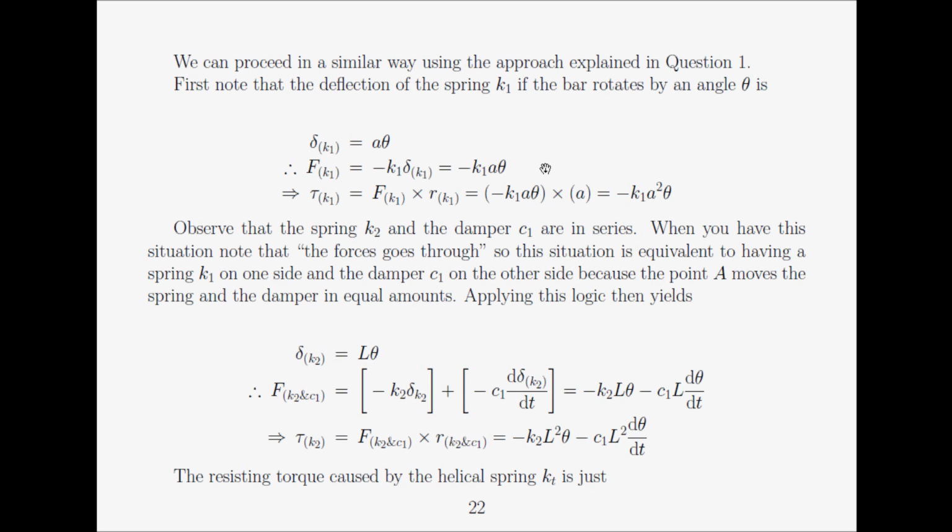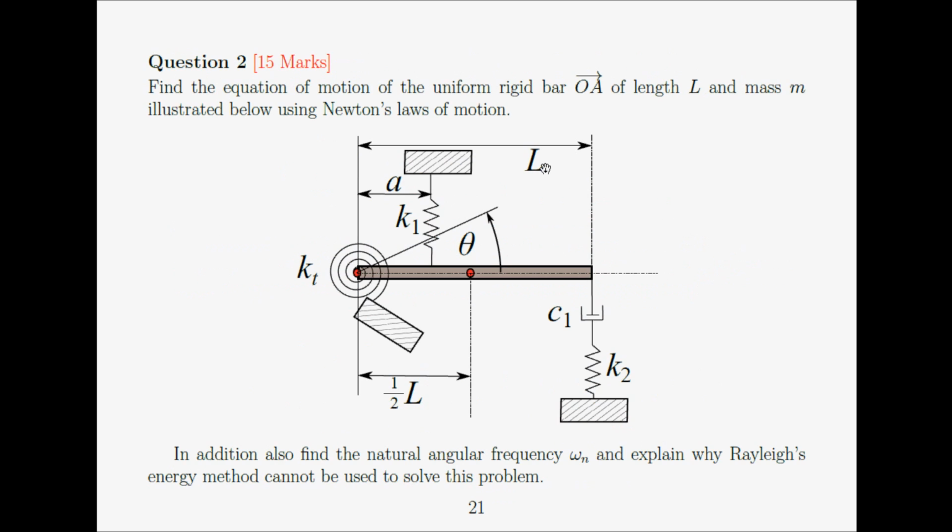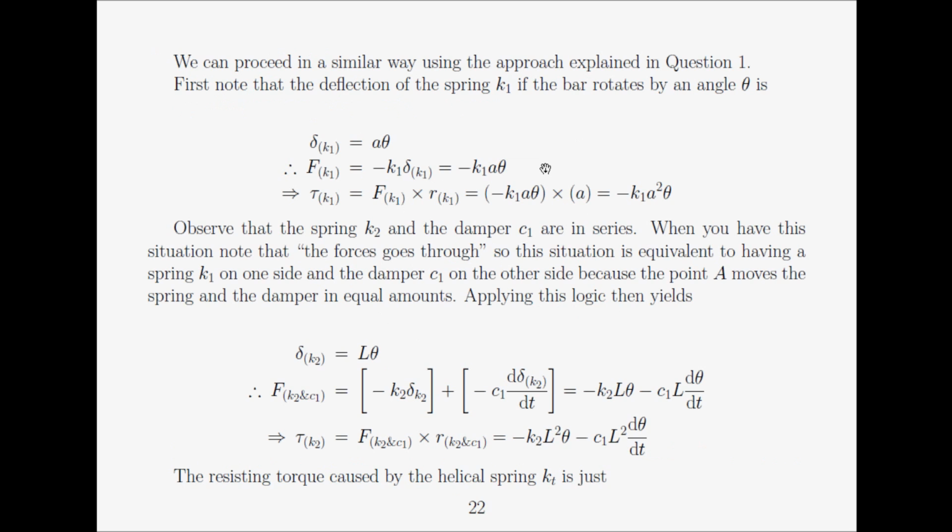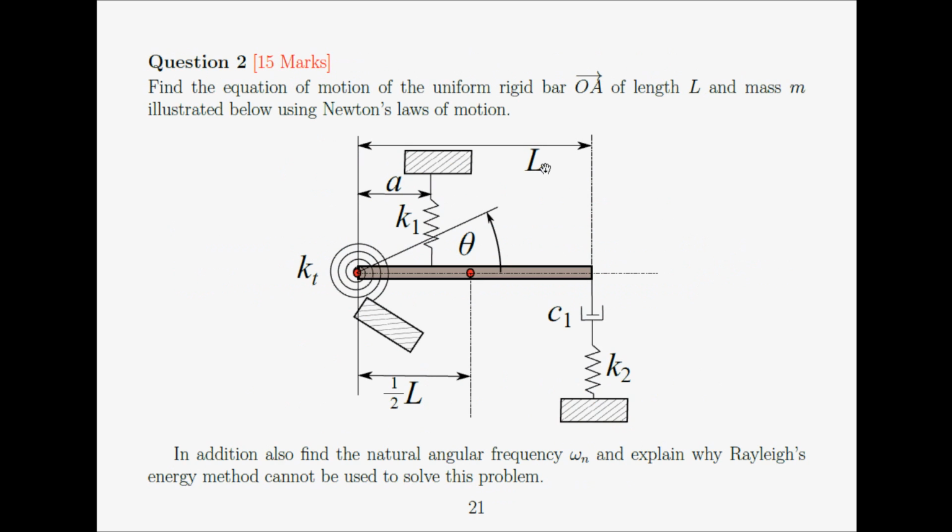So applying this logic, we work out the deflection for the spring K2: the moment arm, total length L, angle is still theta, so delta K2 is L theta. The force would be the vector superposition based on the same deflection. The point at the end of the rod is undergoing some deflection.